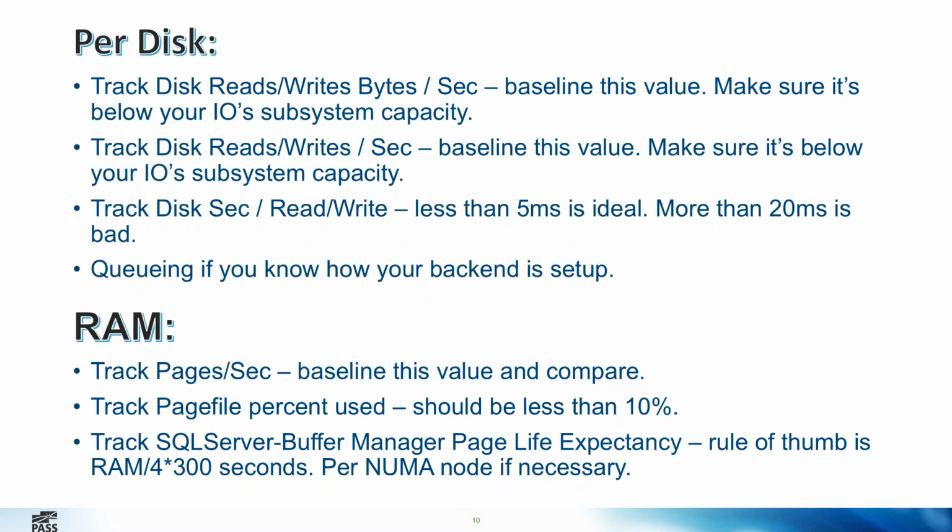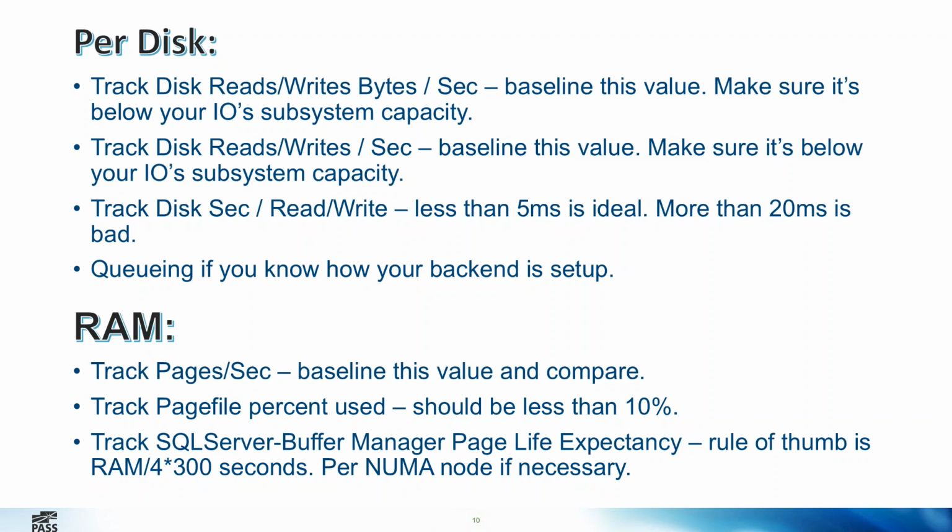And RAM, like I said, the pages per second, baseline it. Page file percentage used, I'd say it should always be less than 10%, because anything above that, a SQL Server machine should not be heavily dependent on the page file. If it is, then you probably have a bigger issue that you should be looking into.